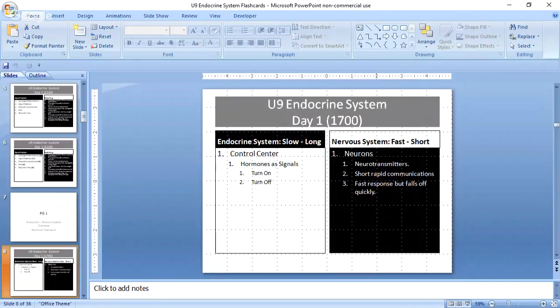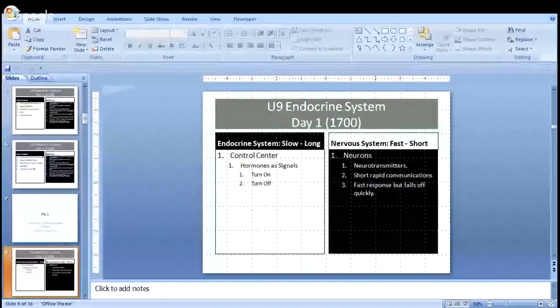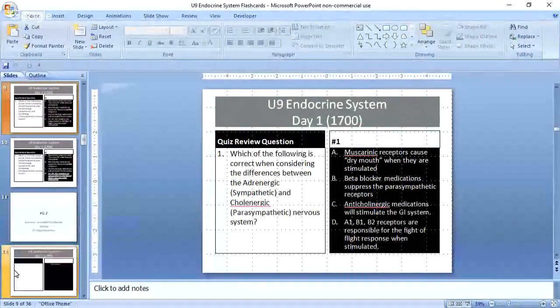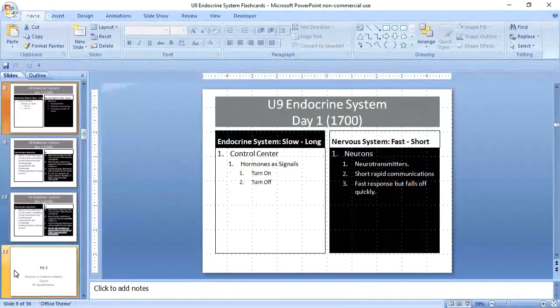Okay, Tanner, can you explain positive feedback to us? So positive feedback, like in child labor, the signal takes it farther in that direction. You're on the right track.